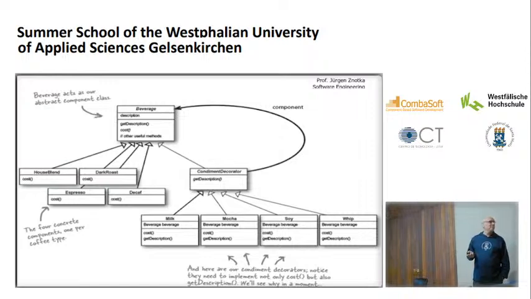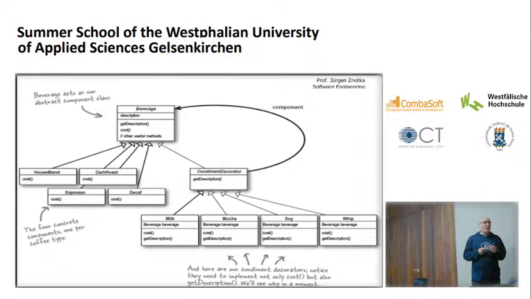Everyone has a price. You can get it from the cost method. Then we have the condiment decorator, which is abstract as well. And here you have the condiments, milk, mocha, soya, and whip. So, they have a cost operation that gives the price tag of the milk.